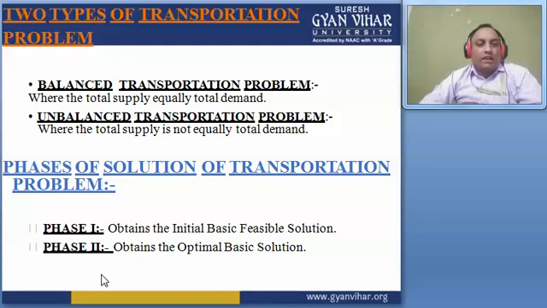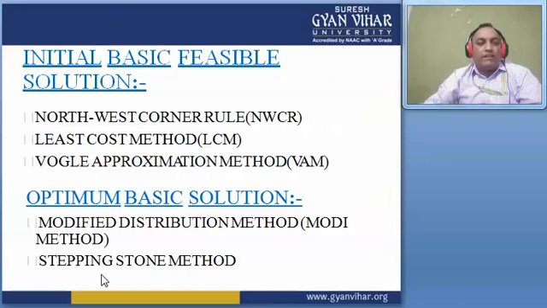First phase is to obtain the initial basic feasible solution, and second is to obtain the optimal basic solution. These are the two phases of transportation problem.